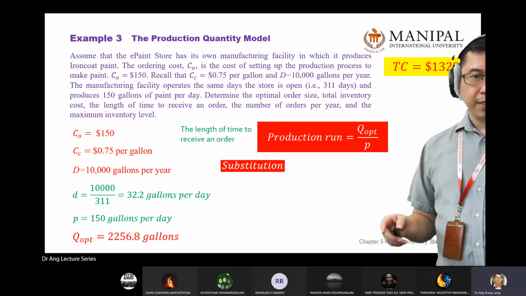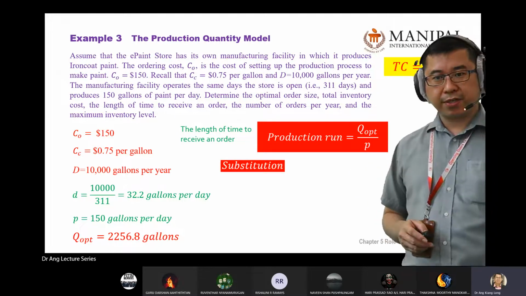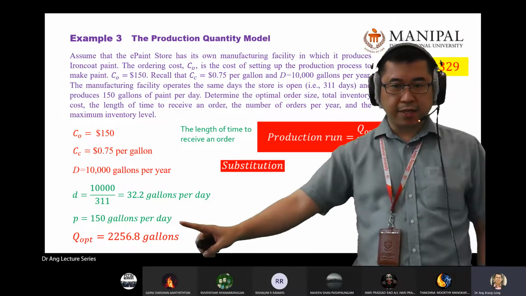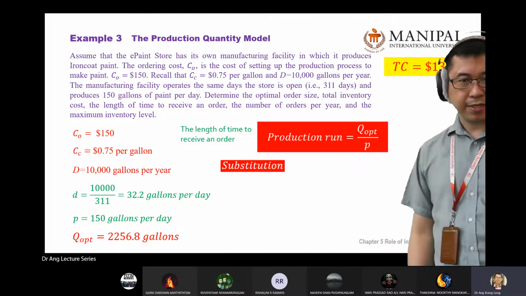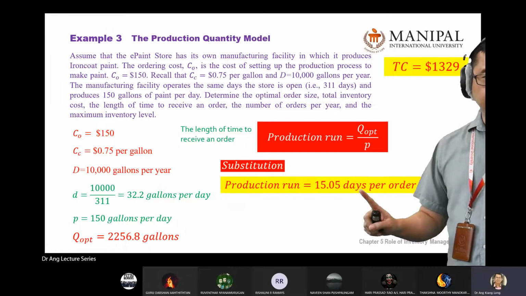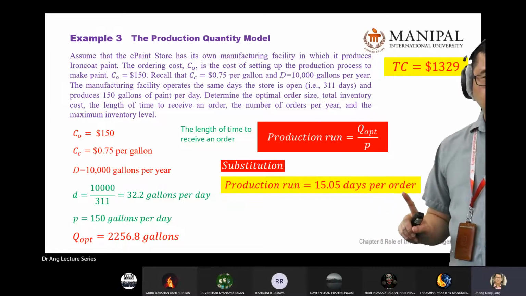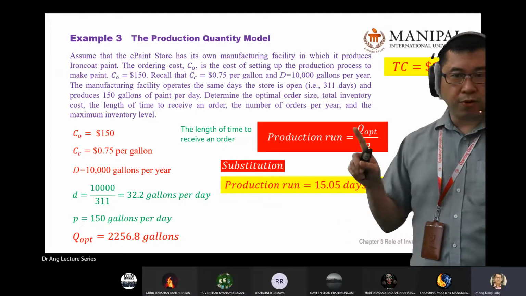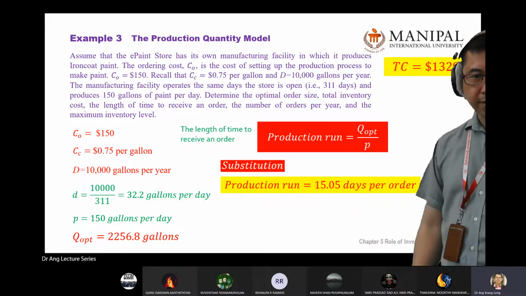So if you do the calculation, you take this number divided by this number. You need to wait 15.05 days for one order cycle per order.